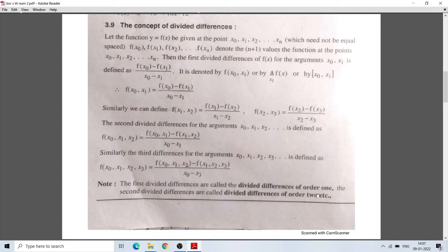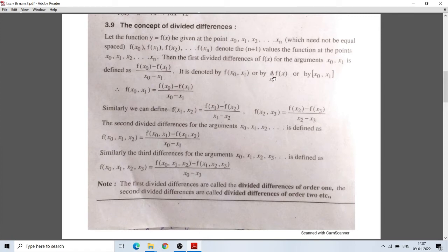Then the first divided difference of the function f of x for the arguments, x values are called arguments here, x0, x1 is defined as f of x0 minus f of x1 divided by x0 minus x1. It is denoted like this, f of x0 x1 is f of x0 minus f of x1 divided by x0 minus x1, or we can denote it in this symbol.